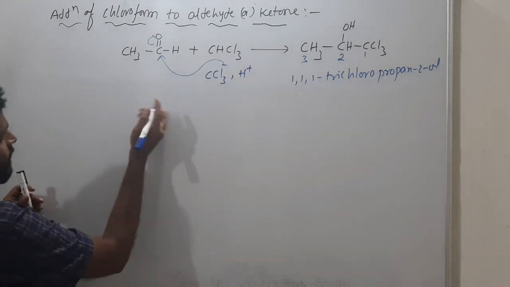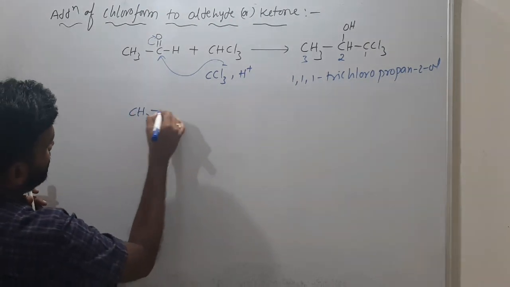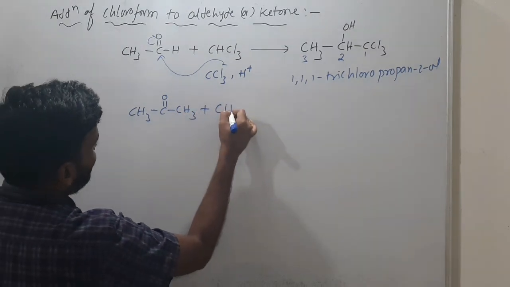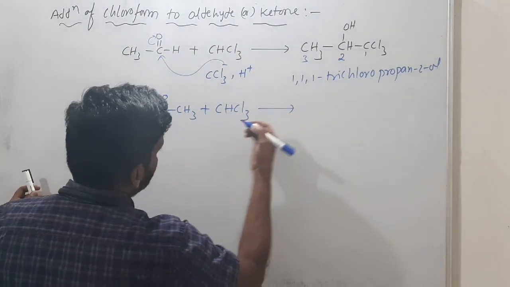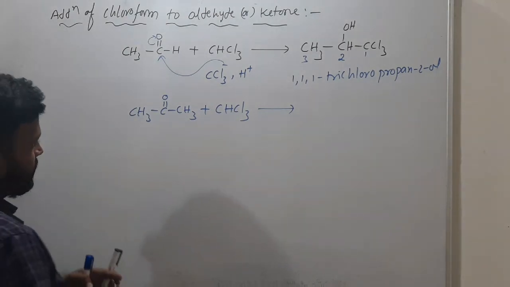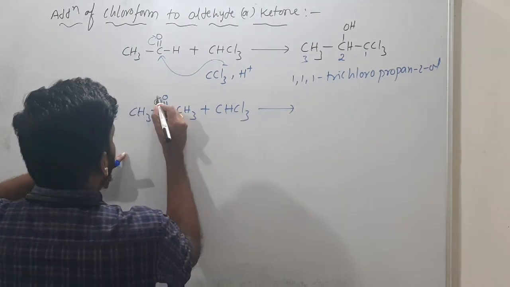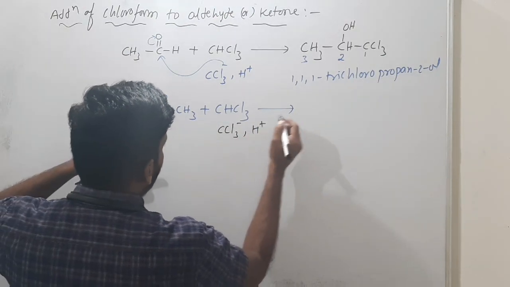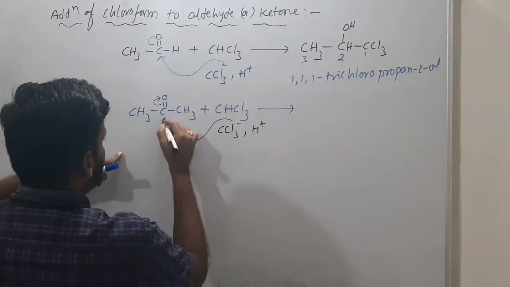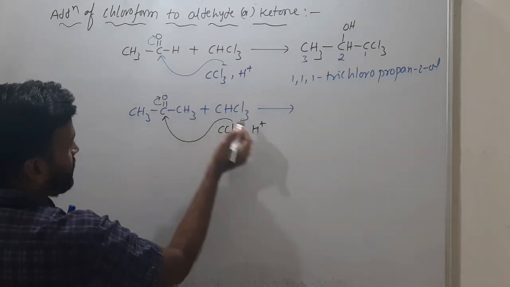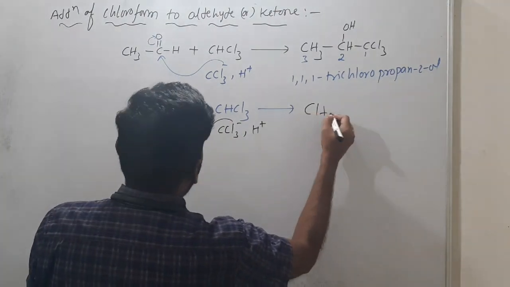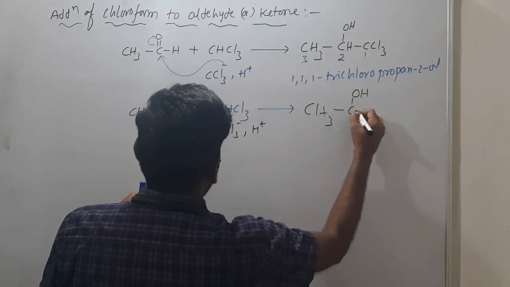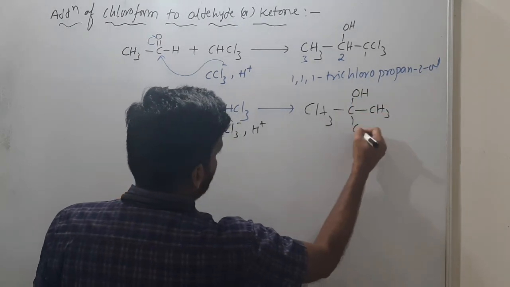For a ketone the same thing happens: CH3 C double bond O CH3. If you add CHCl3, same story. The bond migrates, and CCl3 minus and H plus add: CCl3 minus on carbon and O minus H plus. So the product is CH3, OH, CH3 and CCl3.